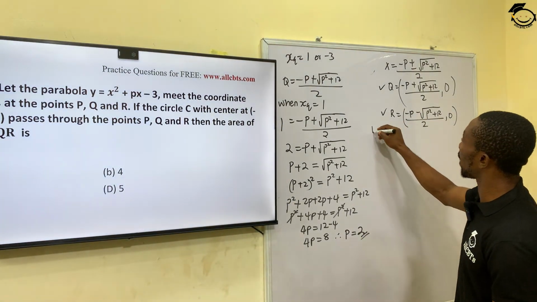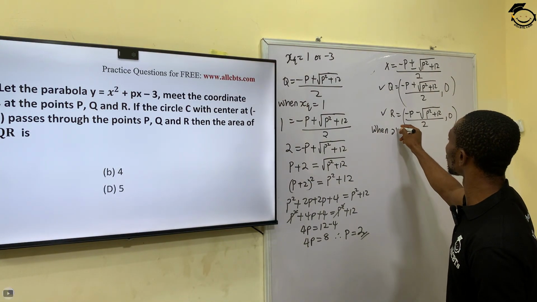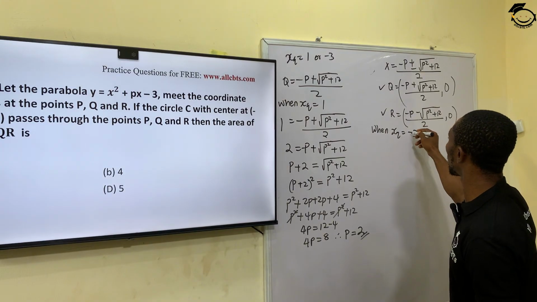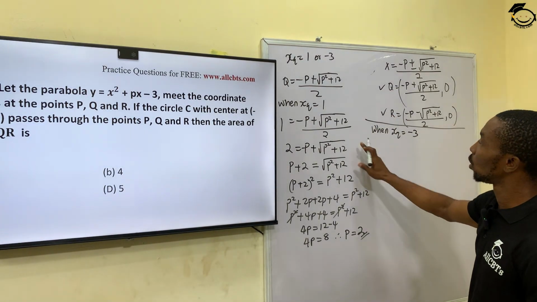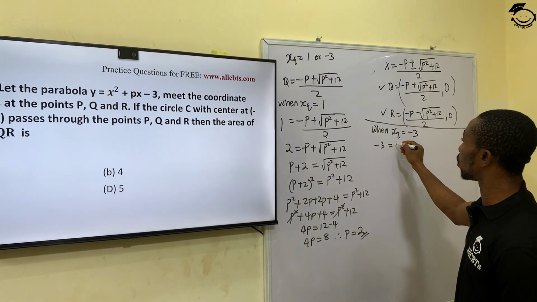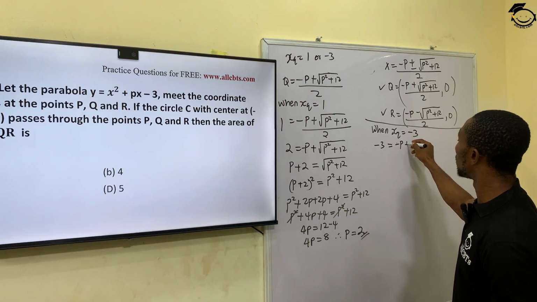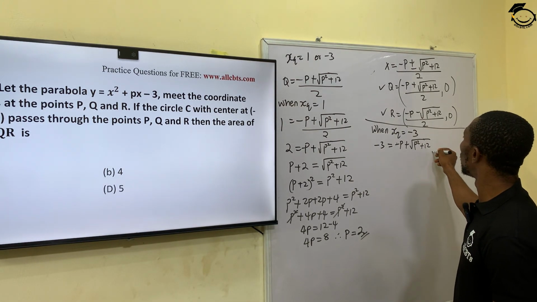Now, when our q equals minus 3, sending into this equation, we have minus 3 equals minus p plus root p squared plus 12 all over 2.